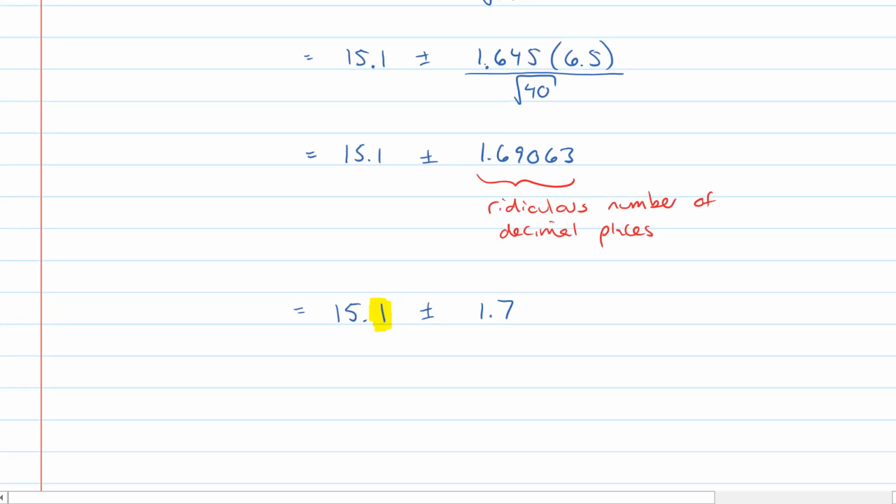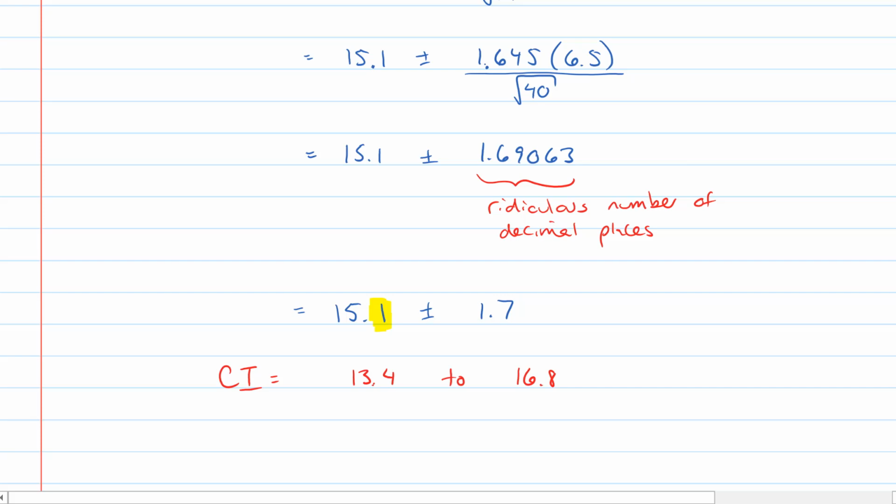Now, this is not your answer yet, because in order to give it as a confidence interval, we actually have to write it in the following way. We're going to take 15.1 and subtract the 1.7 to get 13.4. That's the lower limit of our interval. And then we're going to take the 15.1 and add 1.7 to get 16.8.